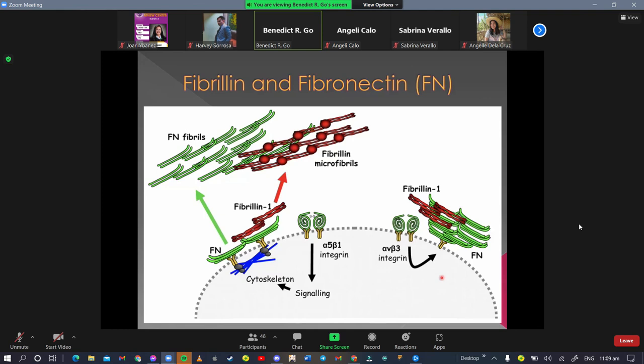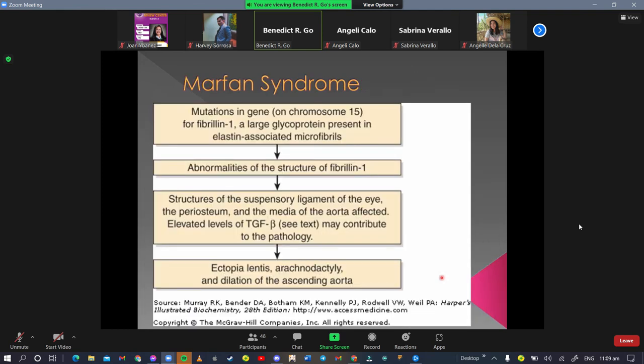Okay, fibrillin and fibronectin. Now, Marfan syndrome is not very common. And the thing you need to take note of here is that in Marfan syndrome, there is a gene mutation on chromosome 15 of the fibrillin 1 gene. This is a large glycoprotein present in elastin-associated microfibrils.